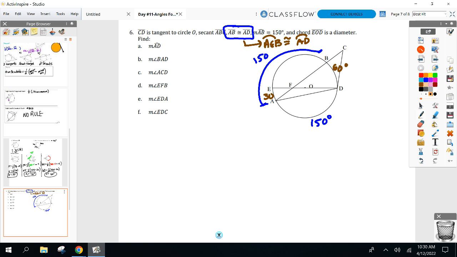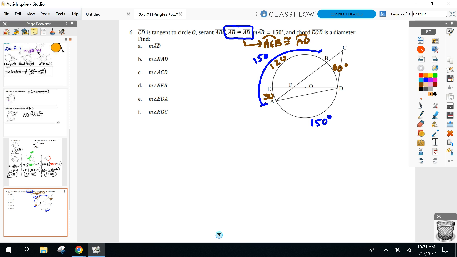Wait, which E to B. What's that measure? 150? Or wait, sorry. Wouldn't it be? I got the 120. There you go. All right, you guys ready? I got all the arcs I can find. Let's bust this out. I'm sorry, EB is 120.